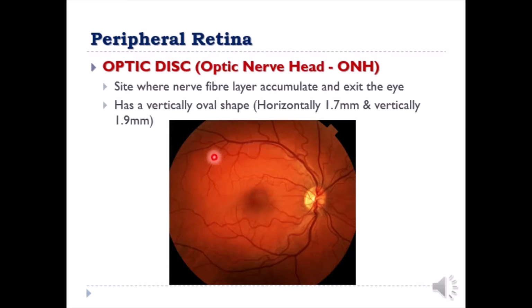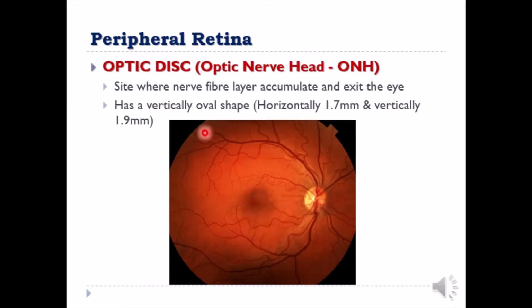Whatever you are seeing, this orange color here, that is the retinal nerve fiber layer. So from all parts of the retina, the nerve fibers are getting collected into the optic nerve. It is like a tube, and the nerve fibers are going through this, which is forming the optic nerve.